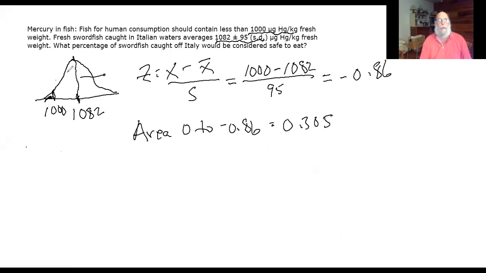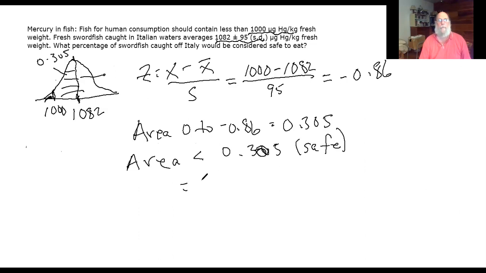So that 0.305 is this area here from 0 to Z. And so the area less than that, sorry, that's our safe zone.